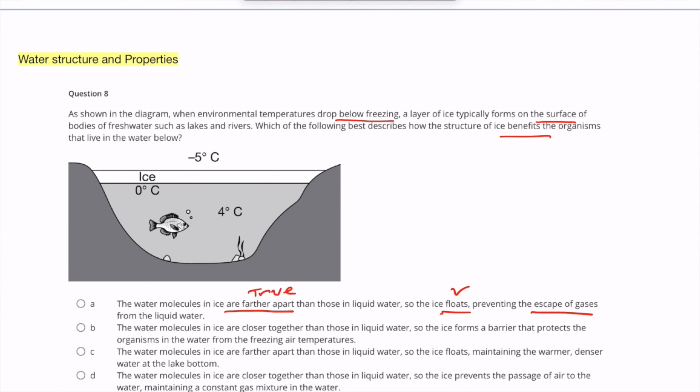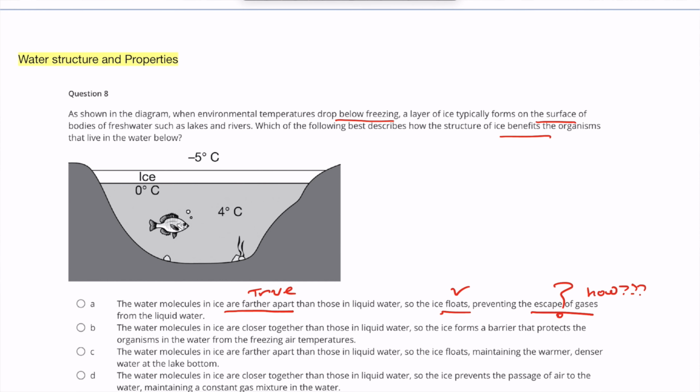That's true, ice floats, preventing the escape of gases from the liquid water. Okay, so far everything was true, but preventing the escape of gases, we might have to look at that because what do they mean by that? That's not quite making a lot of sense, especially with this question. Let's keep reading.